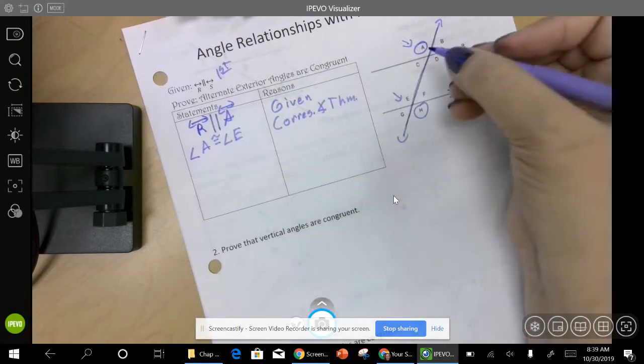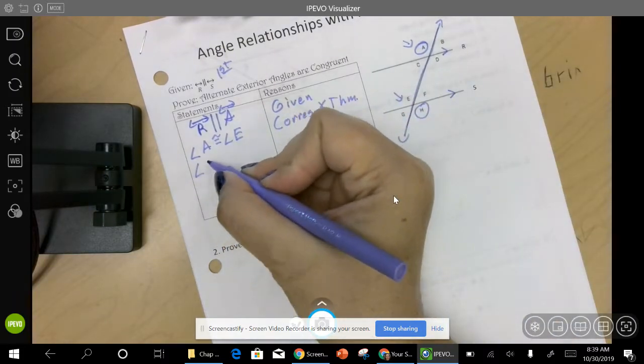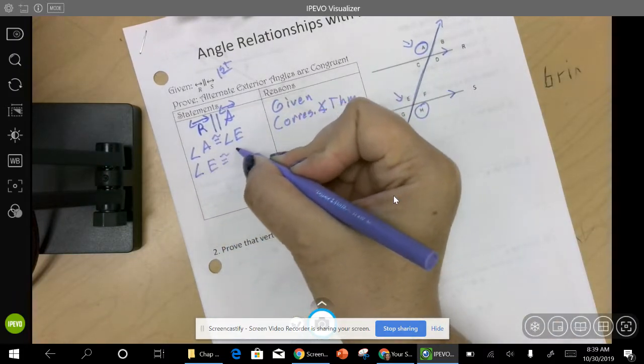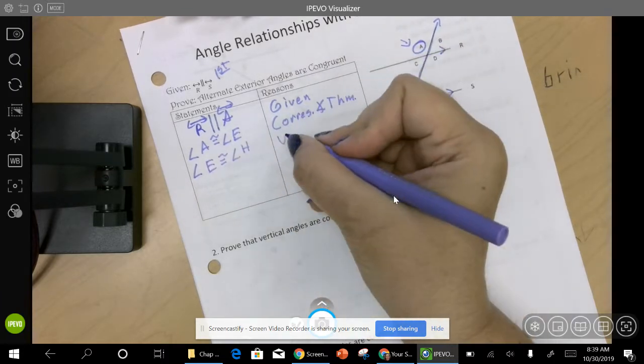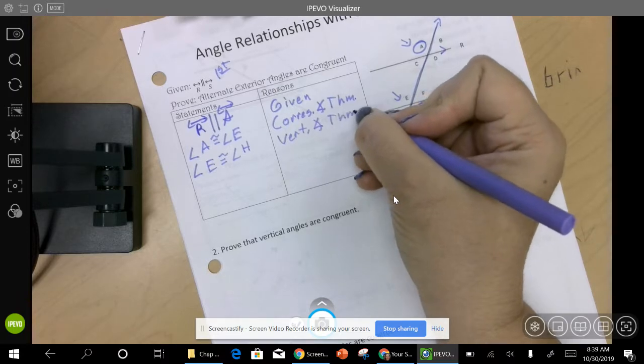And then we have angle E is congruent to angle H because they are vertical angles. Remember from our packet, we proved that. The vertical angle congruence theorem.